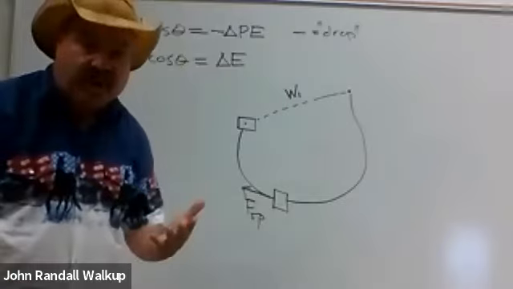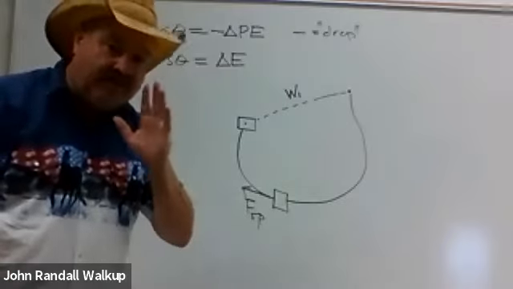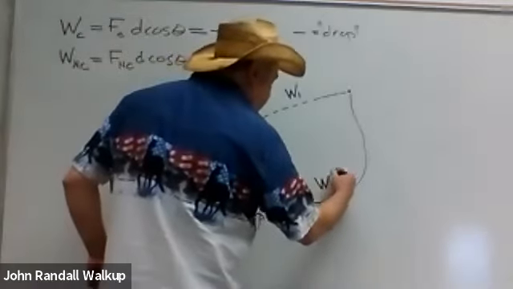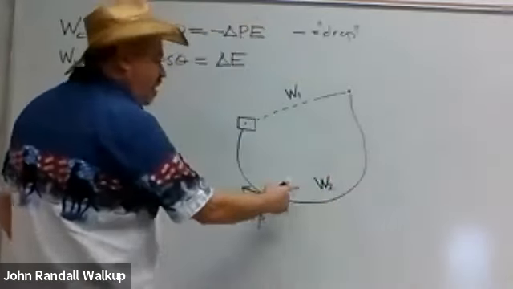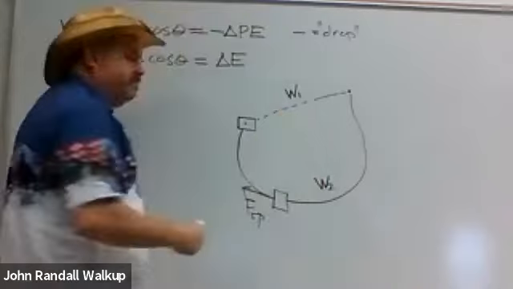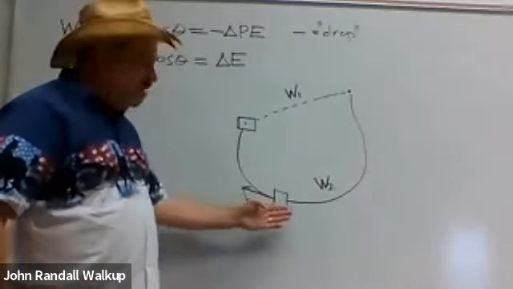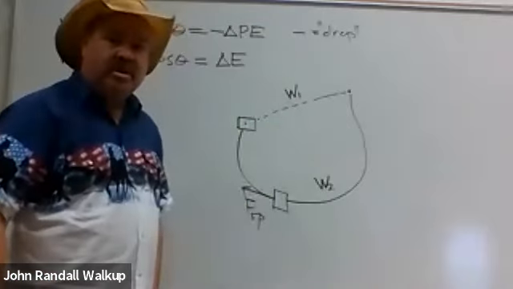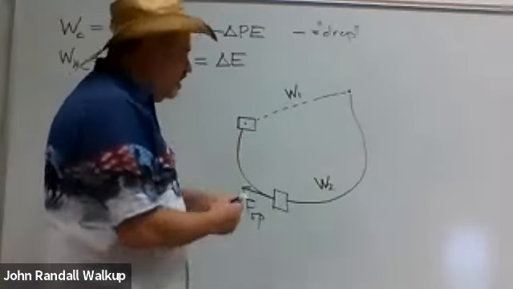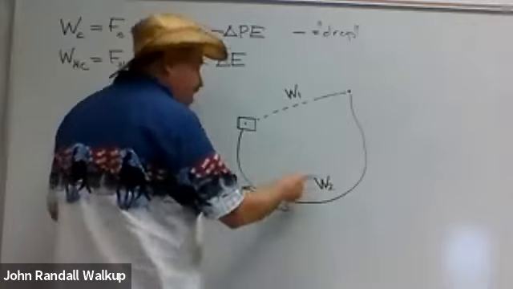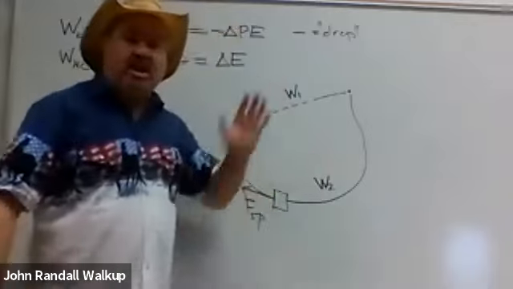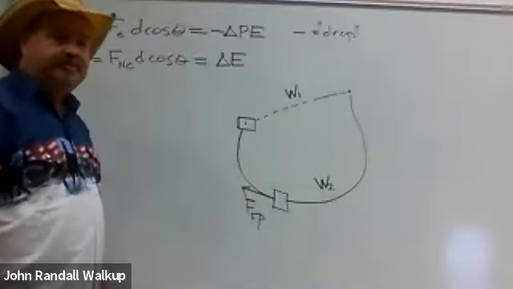This is negative work, but it's not whether this work is negative or positive that matters. The amount of work done on this path, W2, is going to be greater than W1. You can tell because you're going to be a little bit more tired pushing it along this path than this one. And therefore, the amount of work done by friction is different for these two paths, which means that friction is a non-conservative force.